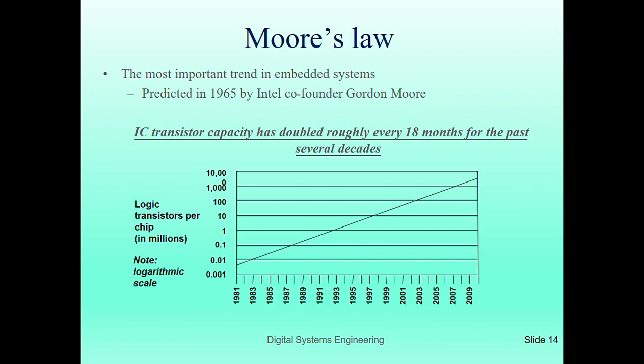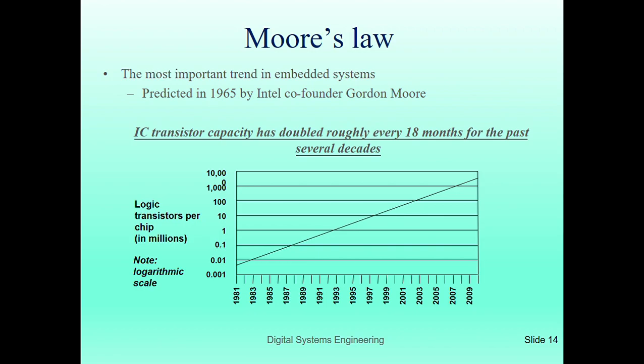Moore's law. The most important trend in embedded system design was predicted by Gordon Moore. He predicted in 1965 that the IC transistor capacity has doubled roughly every 18 months for the past several years.